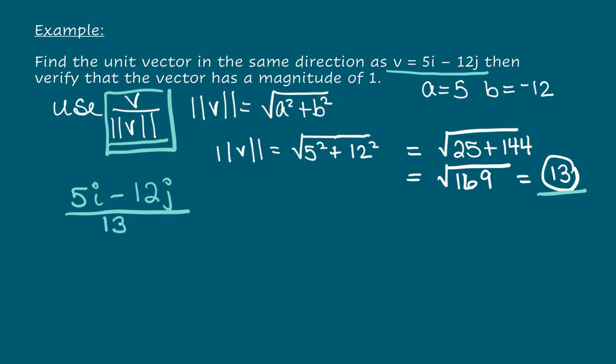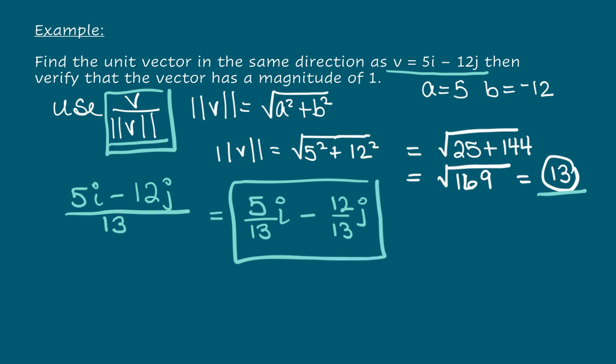And we still want to write it in terms of i and j, so we want to break this up and write this as 5 over 13 i minus 12 over 13 j. So this would be a unit vector in the same direction as v equals 5i minus 12j.